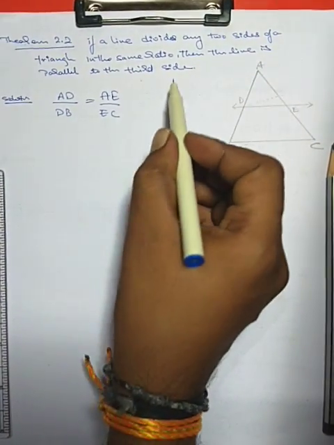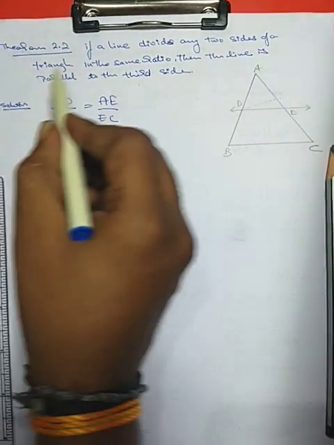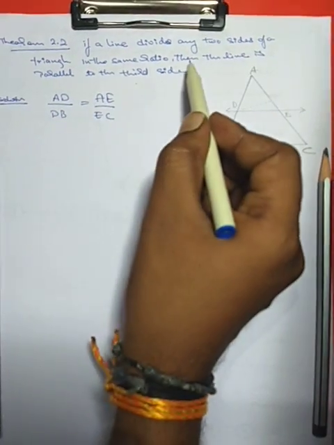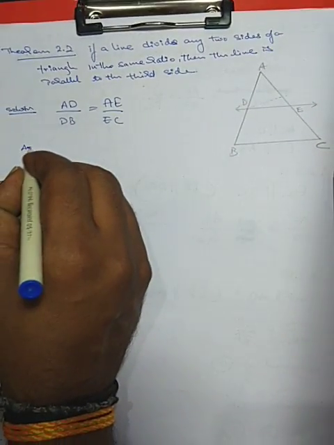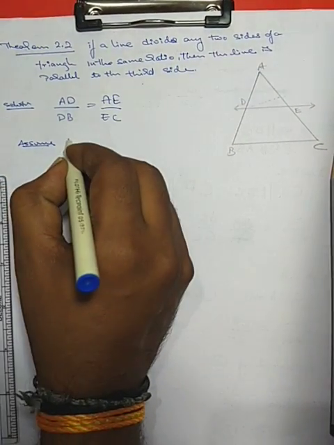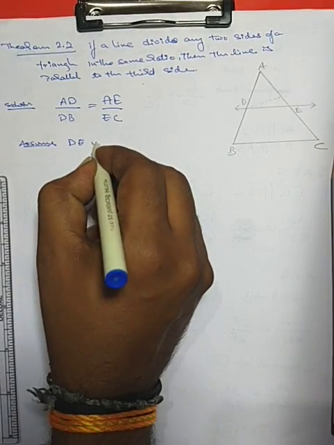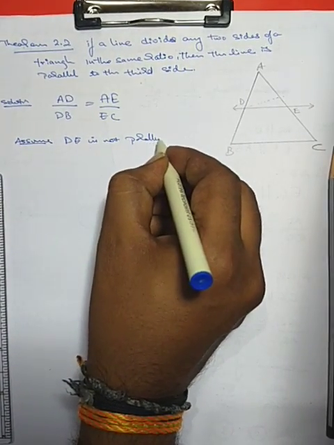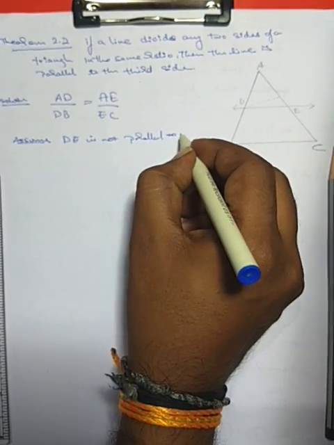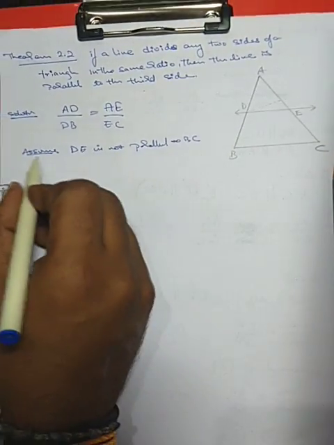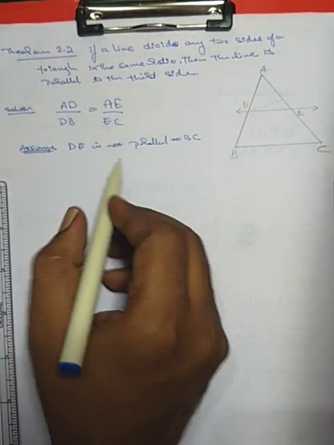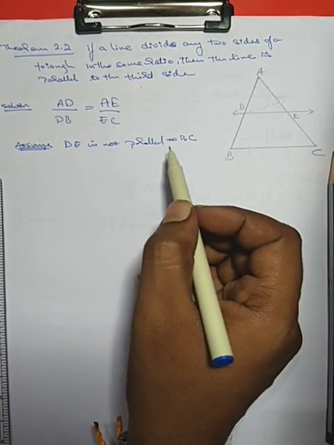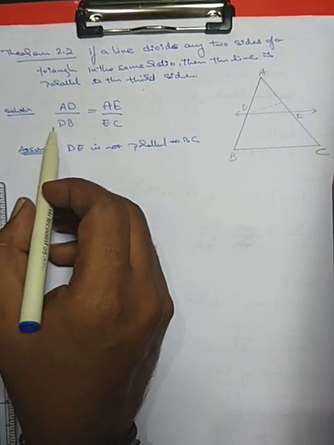This is the given statement. A line divides two sides of the triangle, and we assume that DE is not parallel to BC. This is our assumption. We need to prove this wrong. We'll see that at the end.